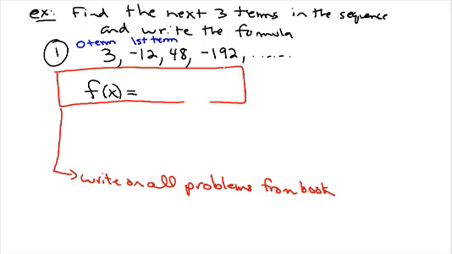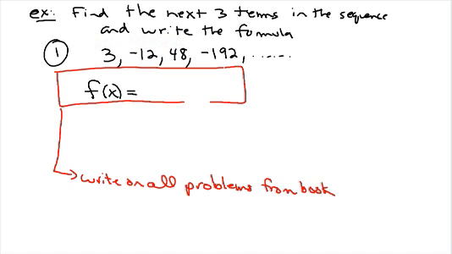Now, you're also going to have some problems like this next one. Find the next 3 terms in the sequence and write the formula. I do want to erase what I had up above here. I don't want that to be confusing to anybody.